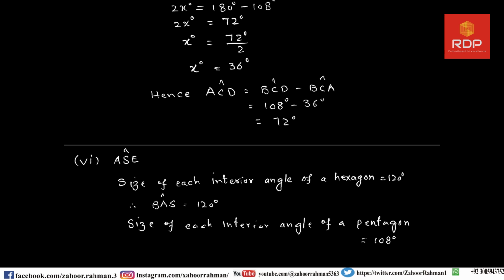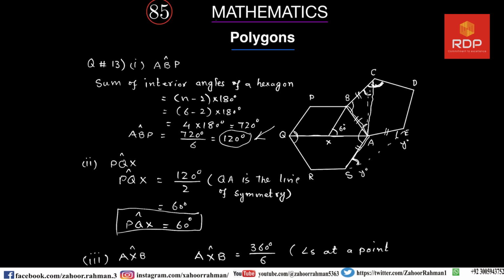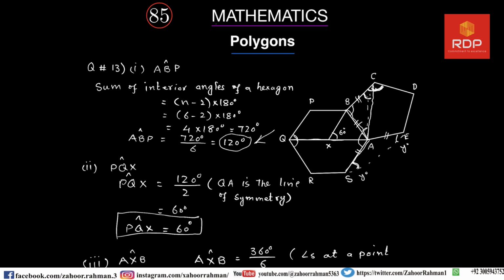So BAE is also equal to 108 degree. BAE, this one. So we found this one and this one, so we can find this one as well, angles at a point will be equal to 360 degree.